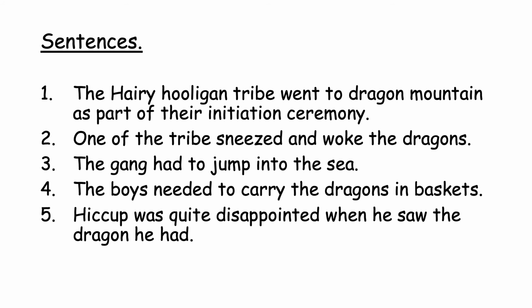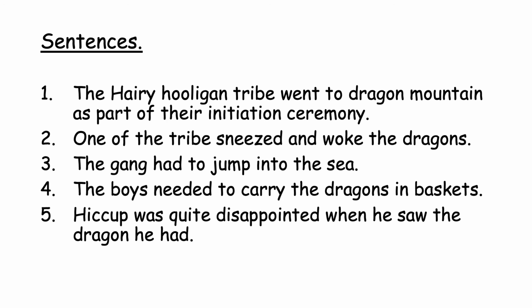So here are the 5 sentences that you have. The hairy hooligan tribe went to Dragon Mountain as part of their initiation ceremony. So let's have a look. The hairy hooligan tribe. The is the determiner.